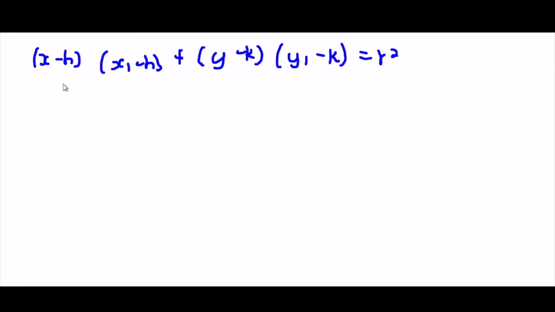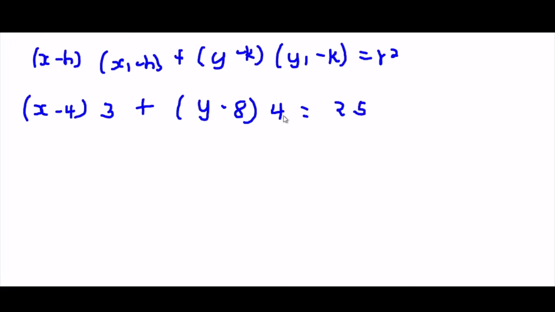So x minus h will be x minus 4, our x1 minus h will be 7 minus 4, which is 3, plus our y minus k, where the value of k is 8, times y1 minus k, which is 4, which equals 25.